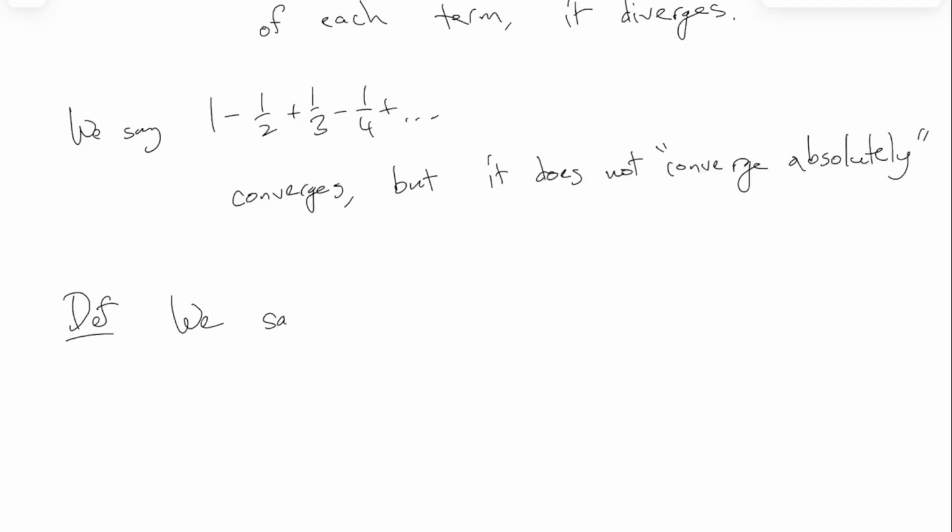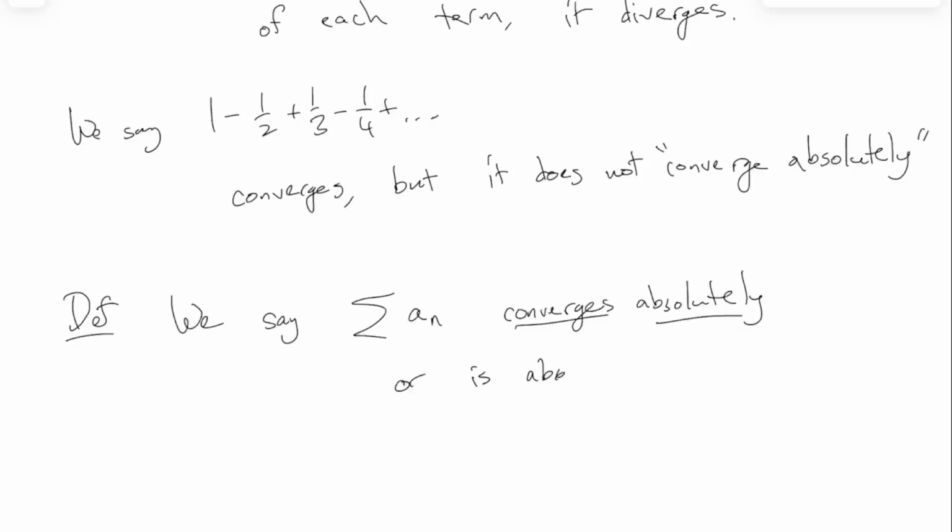If I'm talking about a series, we say this series of a_n converges absolutely, or another way of saying this is it is absolutely convergent, if you want to say it that way. These are just two different ways of saying the same thing.